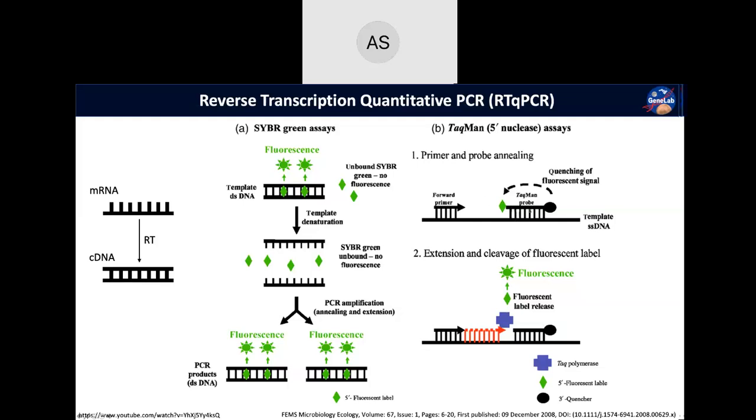And this TaqMan probe is going to be complementary to a region of your target of interest that you're amplifying. So it's going to be a region between your forward and your reverse primer. And then what the TaqMan probe does is once you denature your double-stranded DNA, not only will your forward and your reverse primer anneal, you'll also have your TaqMan probe anneal in between them.